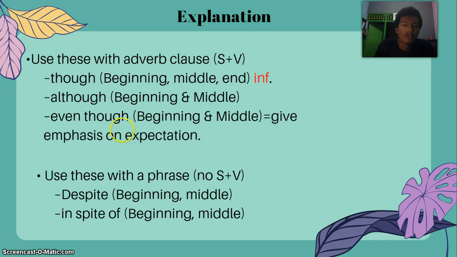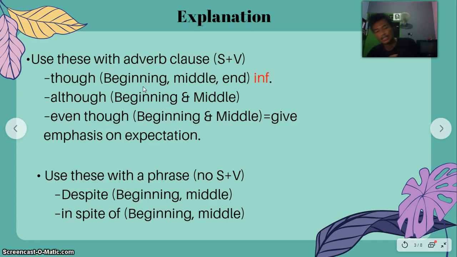So guys, I want to explain briefly about the position of the words, where you can put them. Though can be put in the beginning, in the middle, and in the end of the sentence. Although can be put in the beginning and middle of a sentence.